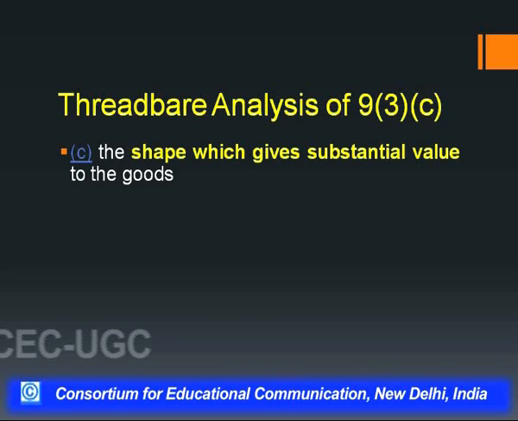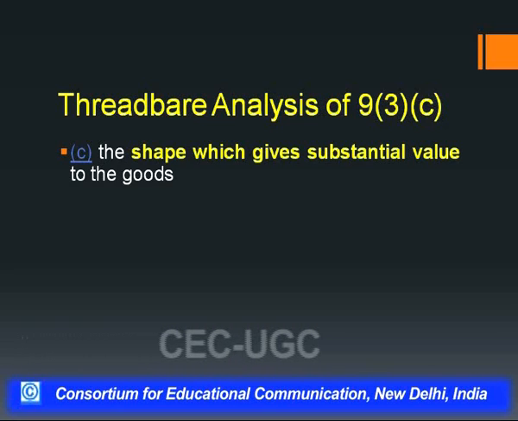Well, I posit that every shape, be it a shape which is because of the nature of the goods themselves, or a shape which is necessary to obtain a technical result, every shape which is giving an aesthetic value to the goods, every shape, to my understanding, friends, gives substantial value to the goods. We will discuss this aspect of 9.3c in a very elaborate manner in the next session, friends. Thank you very much.